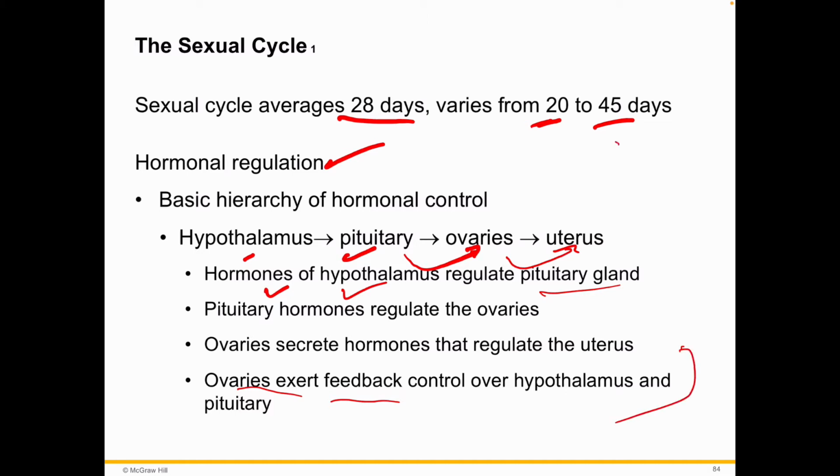So we have brain, hypothalamus, pituitary, right? Pituitary regulating down ovaries, uterus, right? Ovaries, and then that's going to go back up to the hypothalamus.